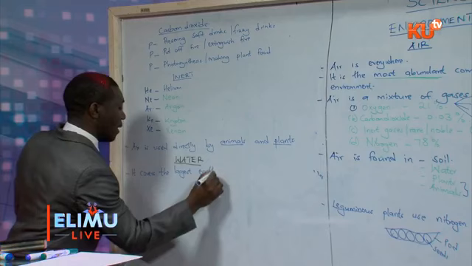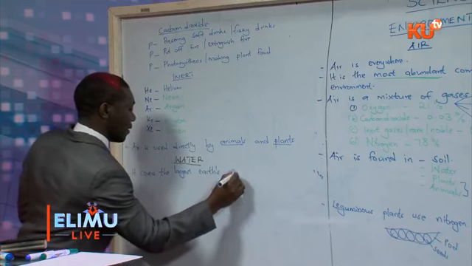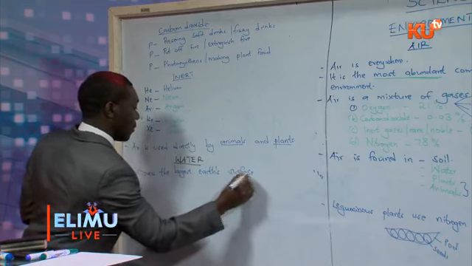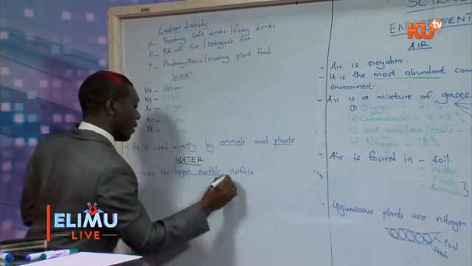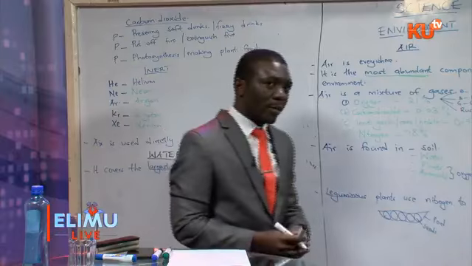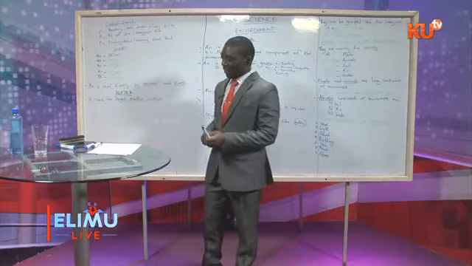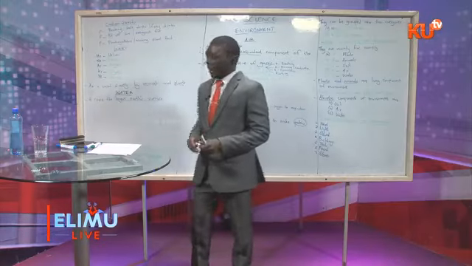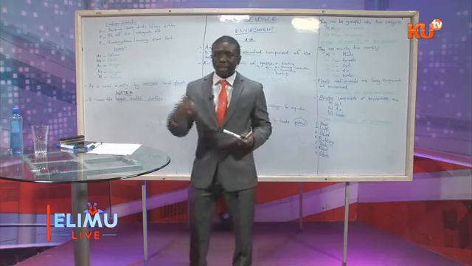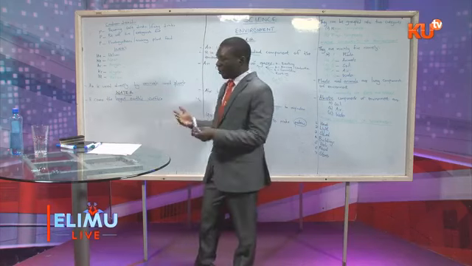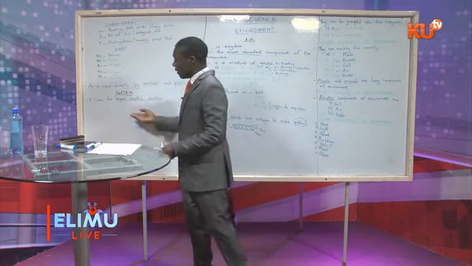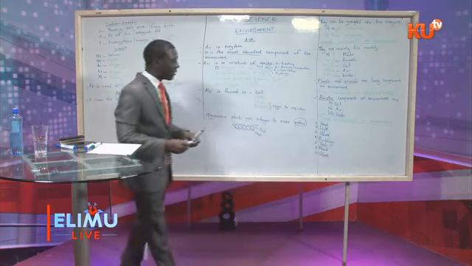It covers the largest Earth's surface. In social studies, in standard 7, you learn that the Earth has 7 continents. And these 7 continents are separated by oceans. And this ocean is mostly water. So you find that it covers the largest Earth's surface.